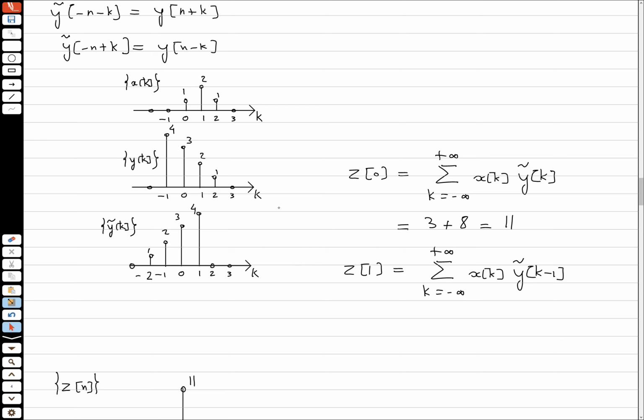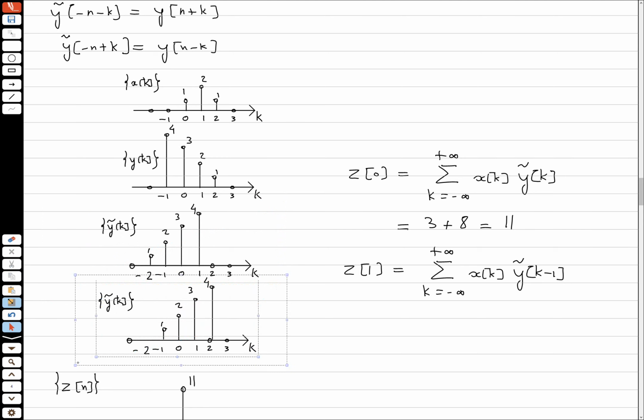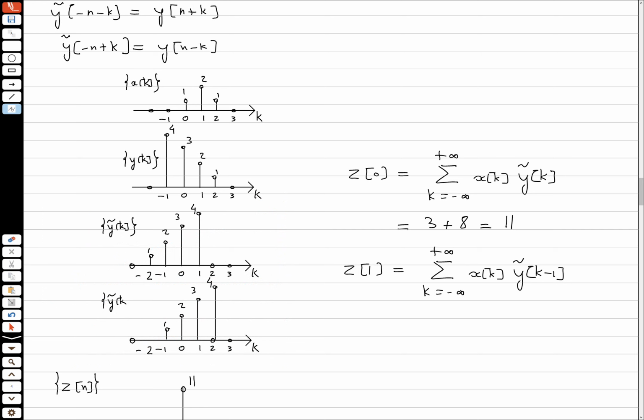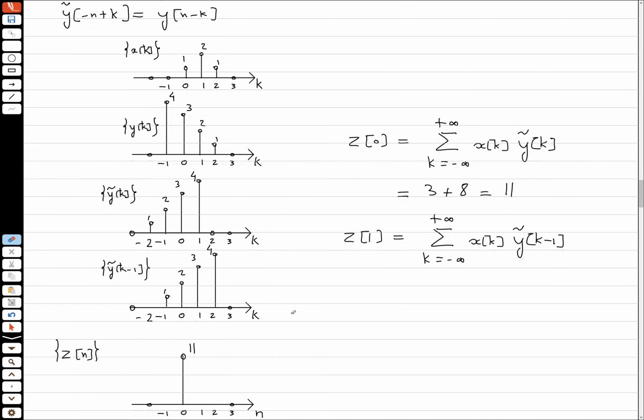So what you do is you plot y tilde shifted by 1, and then you perform again this dot product.